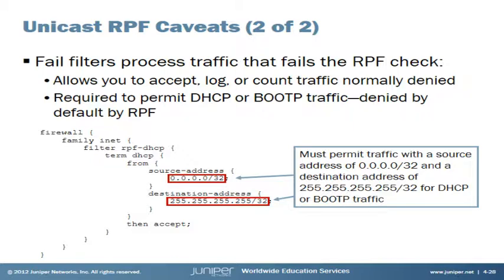And with fail filters, which process traffic that fails the RPF check, it allows you to accept, log, or count the traffic normally denied, but you have to permit DHCP or bootp traffic, which is denied by default. So you have to actually reference that in your filter and allow that traffic through, because that will not be in your routing table.